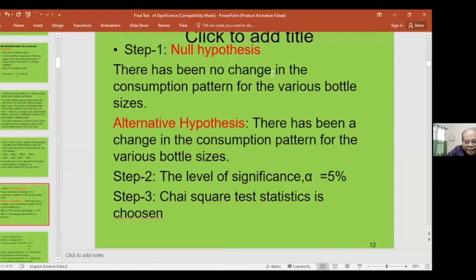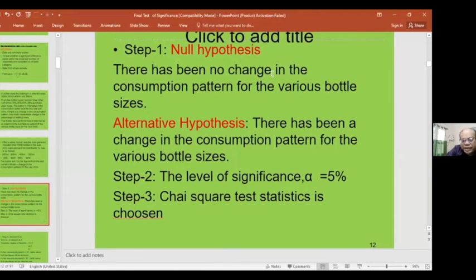Not different from 100 means equal to 100. No change means almost similar to what was happening earlier. So the null hypothesis always says no. There has been no change means the same pattern follows as in the past.